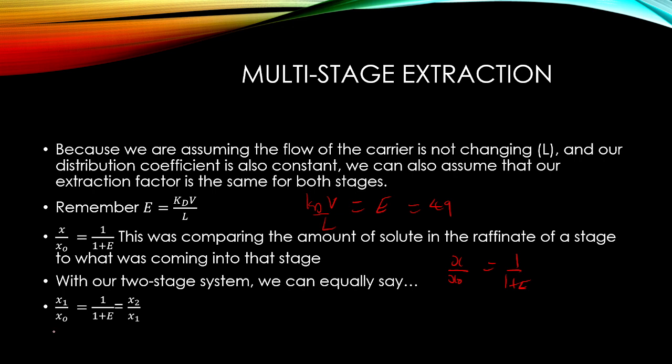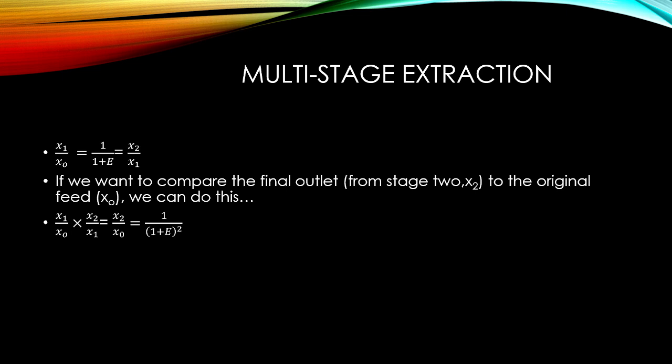So I think this is the same as what we spoke about earlier. x1 over x0 is equal to x2 over x1, which is all equal to 1 over 1 plus E. But now we want to compare what was coming out overall, that's x2, over what was coming in initially. So we can do this by multiplying the two expressions. So we have x1 over x0, which we found. We can multiply this by x2 over x1. This was for stage 1, this was for stage 2.